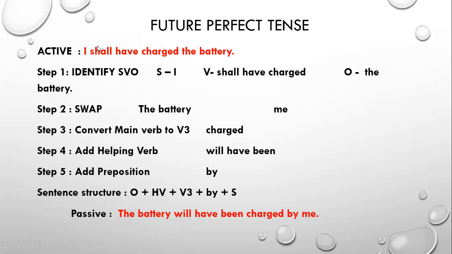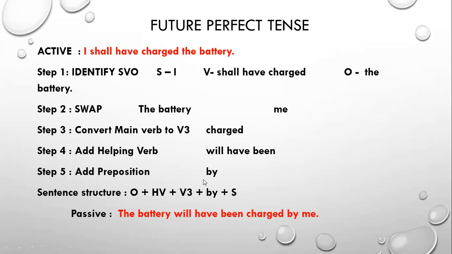हेल्पिंग वर्ब इस केस में क्या आती है? शेल हैव बीन या विल हैव बीन. आई के साथ तो मैंने शेल हैव चार्ज्ड यूज किया था, बट यहाँ अब मेरा जो सब्जेक्ट है वो है द बैटरी, तो बैटरी के साथ आई कैन नॉट यूज शेल. ओके, यू कमिट दिस मिस्टेक ऑल्सो. इसीलिए मैंने ऐसी एग्जांपल्स ली हैं वेयर यू टेंड टू कमिट मिस्टेक्स. सो बैटरी के साथ आई विल बी यूजिंग विल हैव बीन.